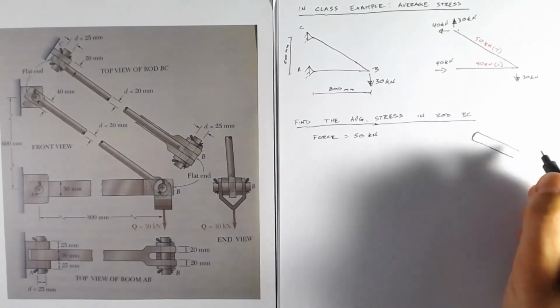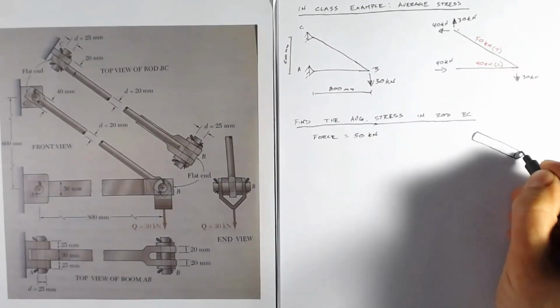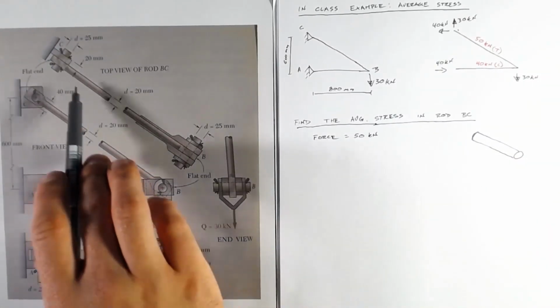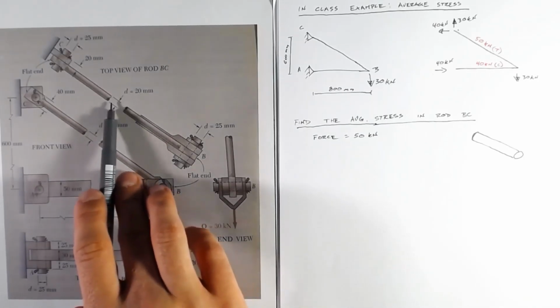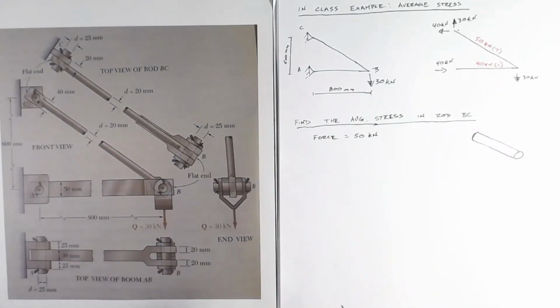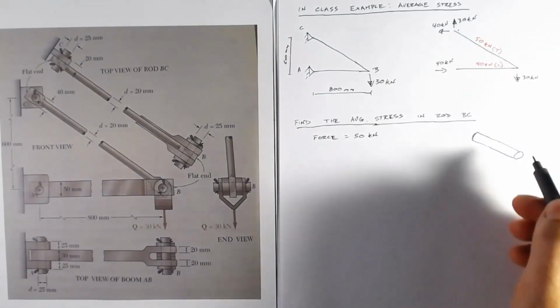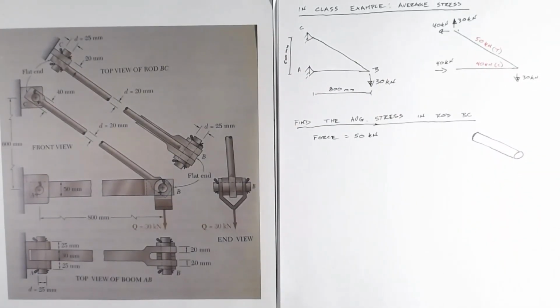Again, with average stress, we're assuming that anywhere away from stress concentrations, we can assume that we're going to have a nice equal stress across the face of the member.